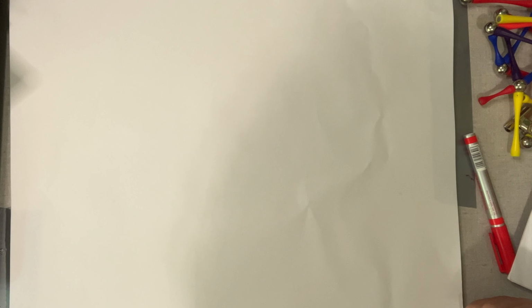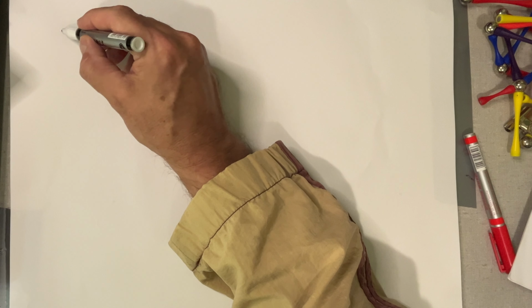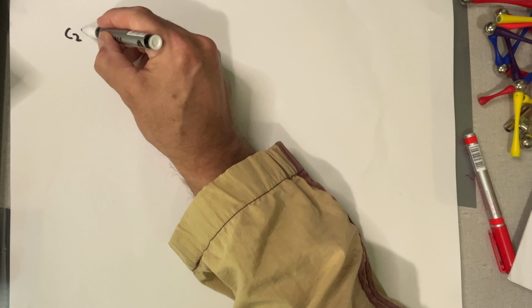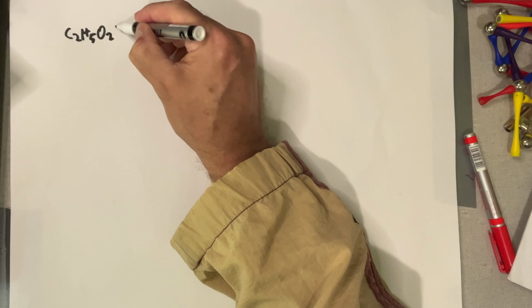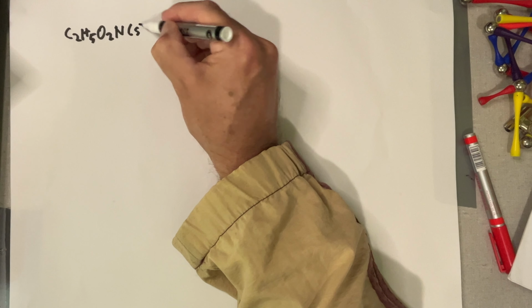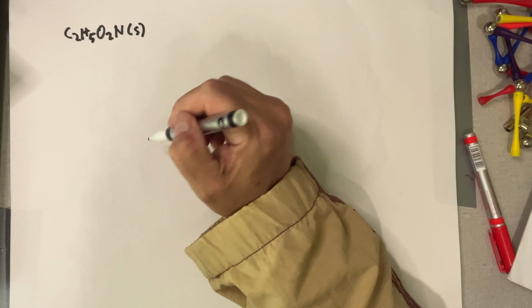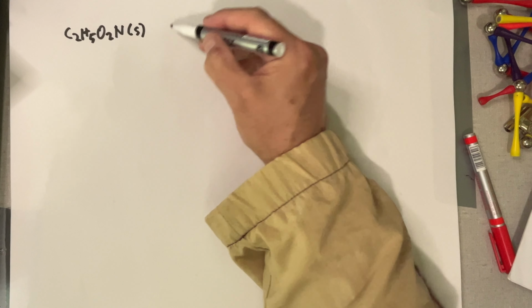You were given the enthalpy for the reaction, and so you're going to have to know what the balanced equation is. The way one can do that is to start with the glycine, C2H5O2N, and that is a solid. It's important to designate the phase, as I'll explain later.